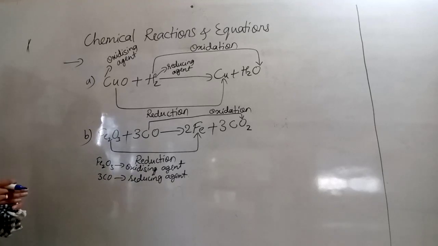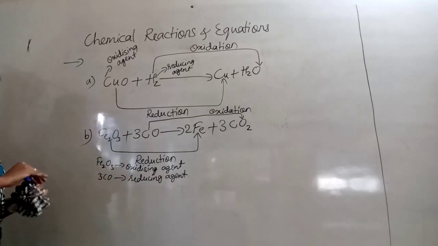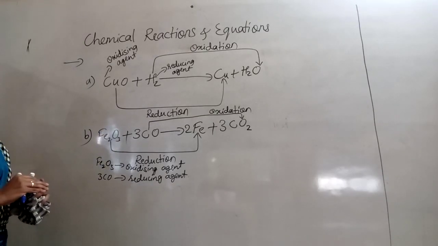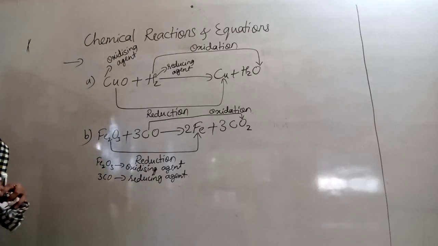If in a reaction oxygen is added, we can say it is an oxidation reaction, and if hydrogen is removed, then also it is oxidation, or if electrons are added, then also we can say oxidation reaction.